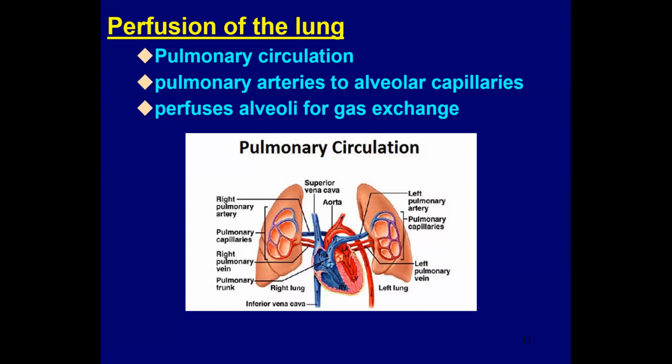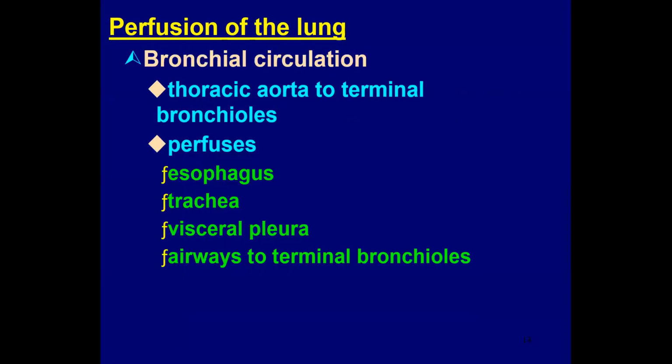And you see here a picture of the pulmonary circulation. And then there is the bronchial circulation, which is equally important. The bronchial circulation is what perfuses from the thoracic aorta down to the terminal bronchioles.